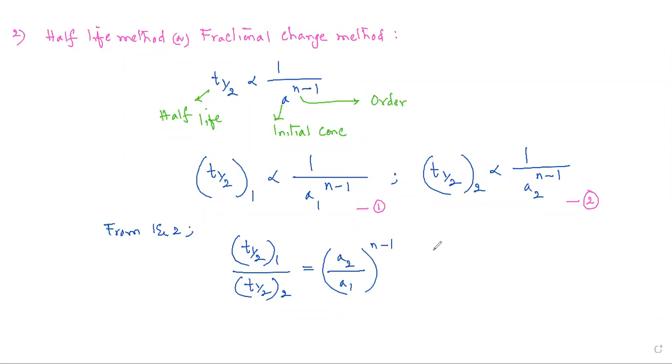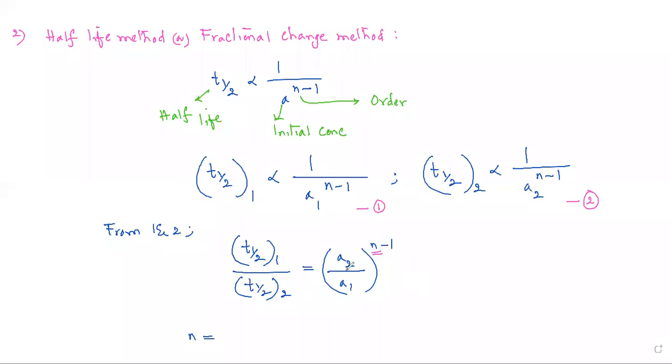Now, what is the value of n? Nothing but the order of the reaction. Straight away, this can be written as log of T half 1 by T half 2 is equal to n minus 1 times log A2 by A1.